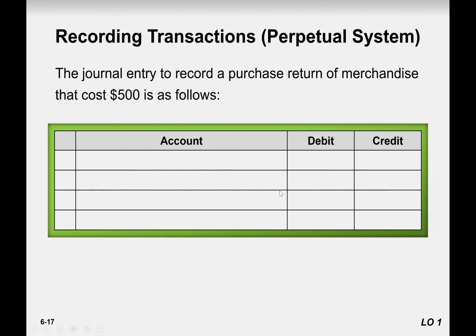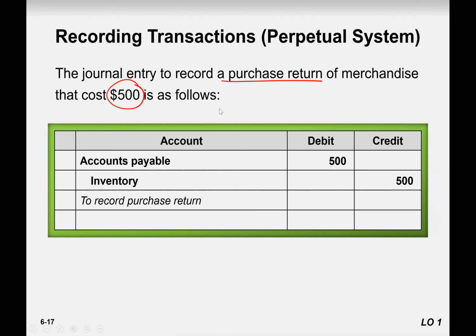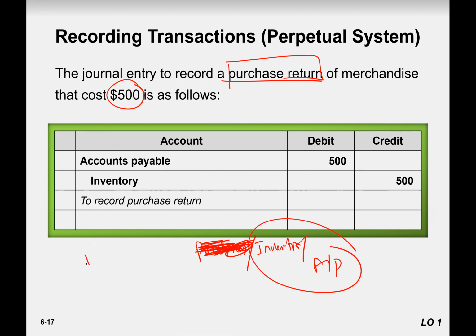Now let's talk about the inventory illustration here. The general entry to record a purchase return of merchandise of cost 500 is going to be here. When we purchase, that entry would be purchases, which is inventory. Purchases is not an account, it is an inventory account. Inventory to accounts payable. So when we return the goods, we need to reverse this entry: accounts payable to inventory.